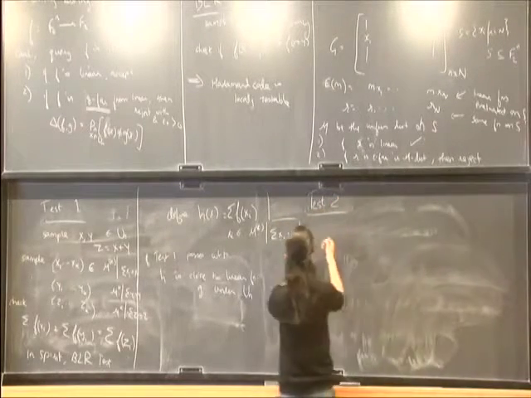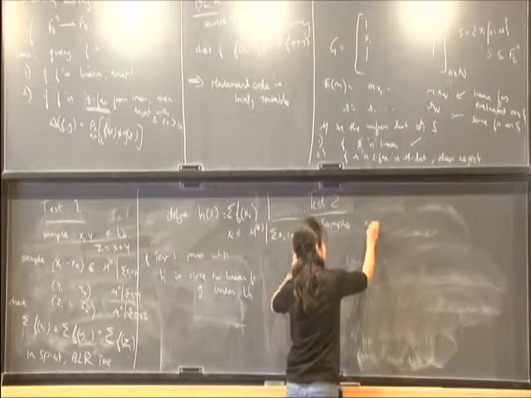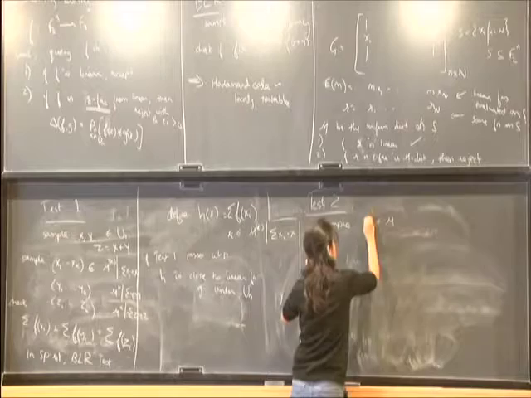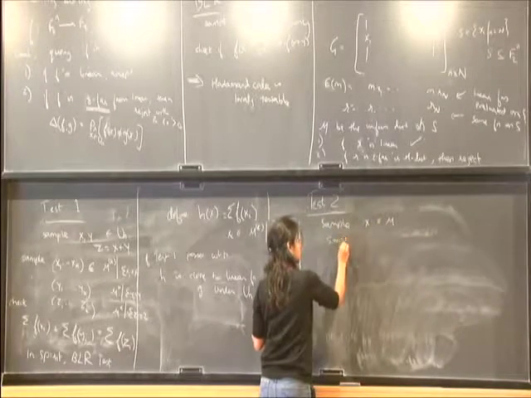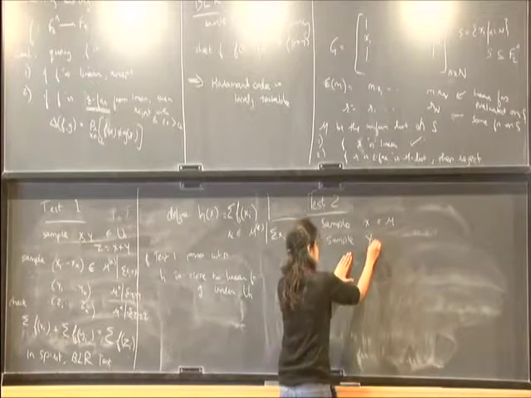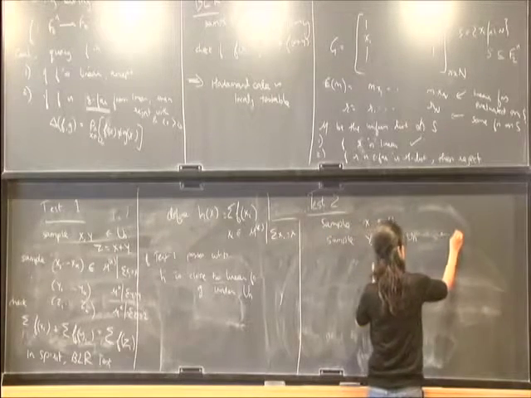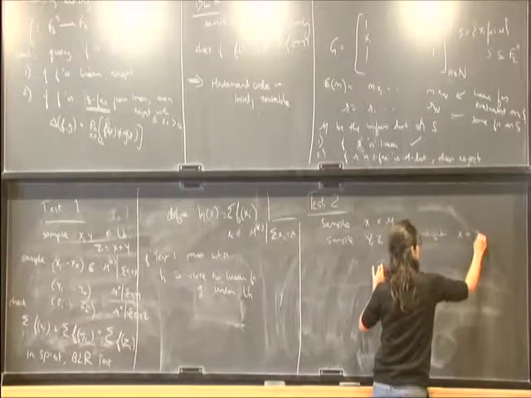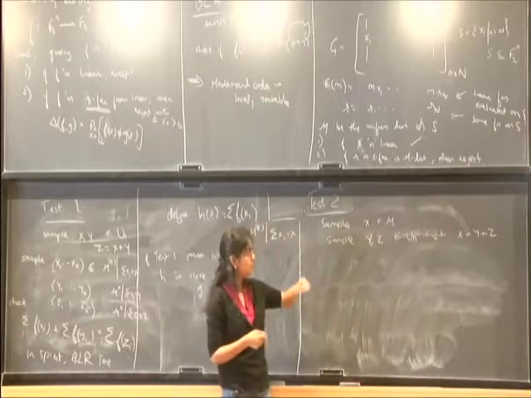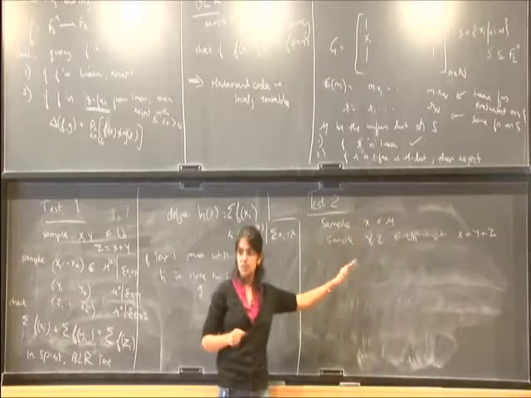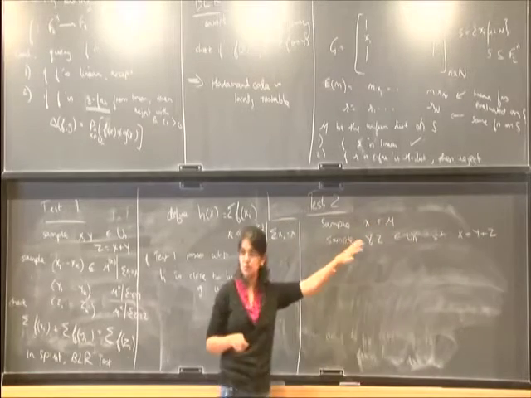Sample x from the mu distribution, and now sample y and z coming from the uniform distribution, but correlated such that x is y plus z. And this we can do. Just sample y uniformly from the uniform distribution and let z be x plus y. Then individually each of y and z will be from the uniform distribution, and the sum will be x, which is from the mu distribution.